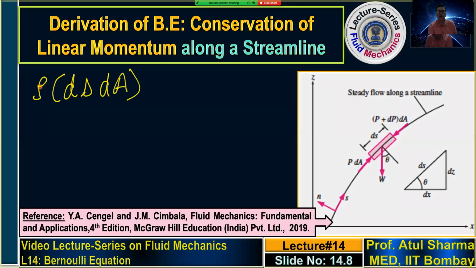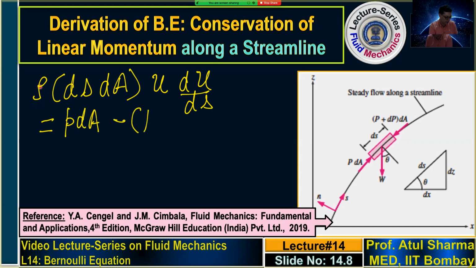So density into volume is the mass of the control volume. Mass into acceleration; acceleration, in the previous slide I have shown you, is u du by ds. This is on the left hand side, and on the right hand side you have forces. The force is PdA minus (P plus dP) dA. This is the pressure force.